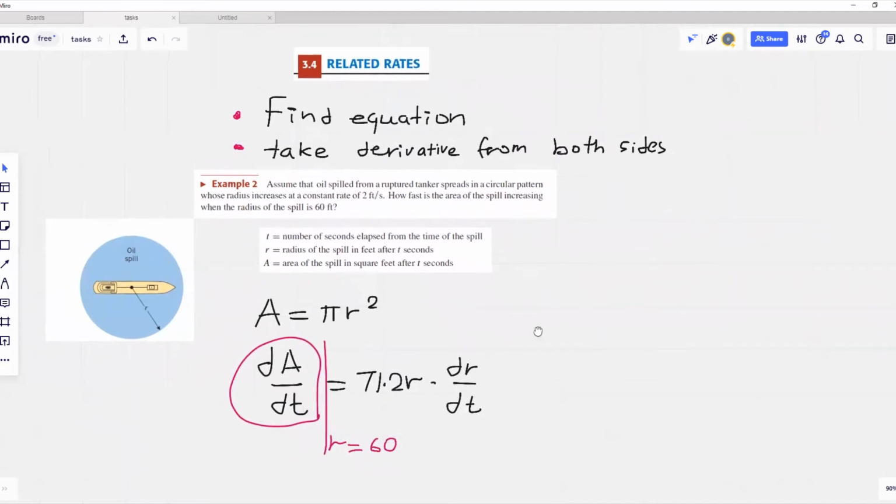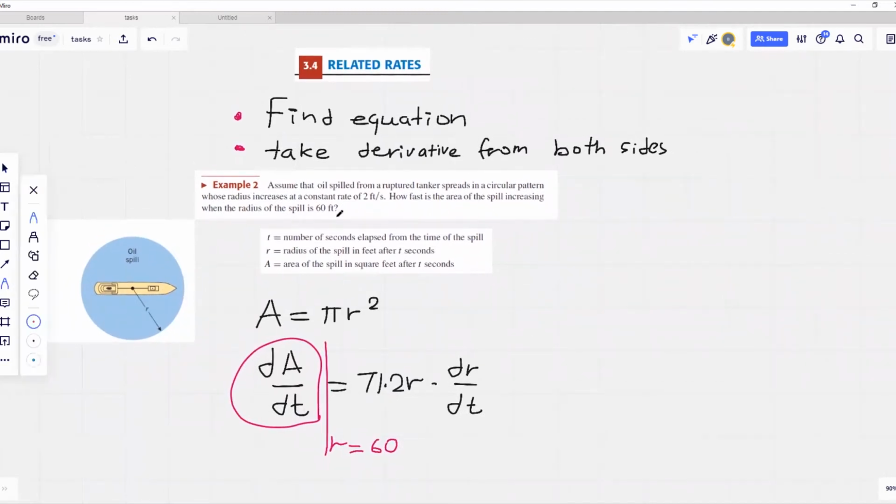We also know that the radius increases at a constant rate of 2 feet per second, so dr over dt is equal to 2 feet per second.